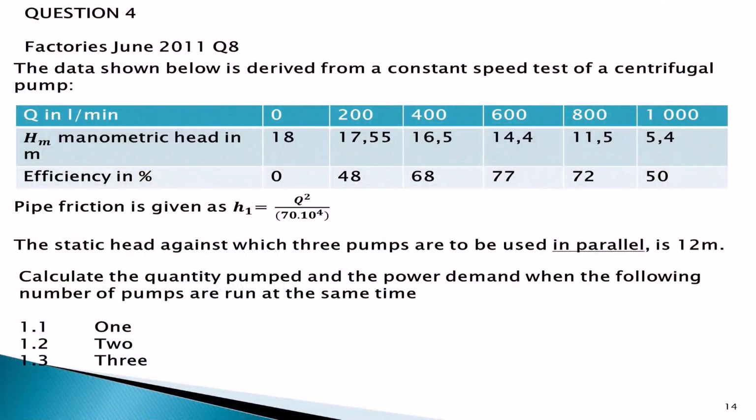All right, so now let's have a look at this question. Now this is Factories June 2011, question 8. The data shown below is derived from a constant speed test of a centrifugal pump. Q in liter per minute is given. The manometric head 18, 17.55, 16.5, and the rest at a different flow.